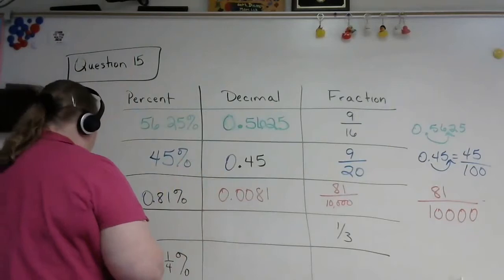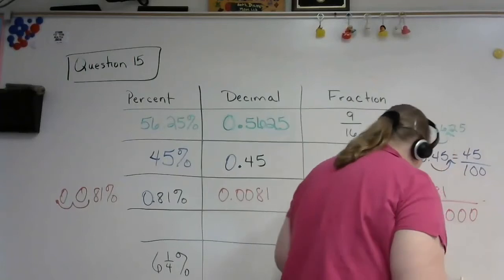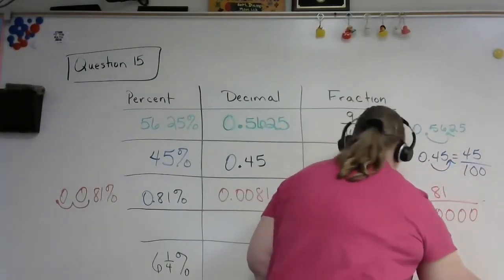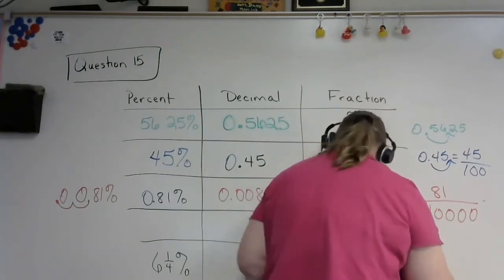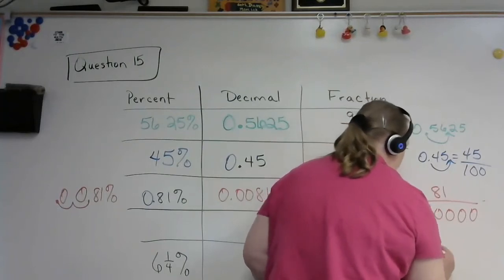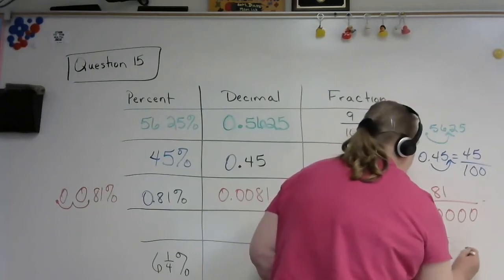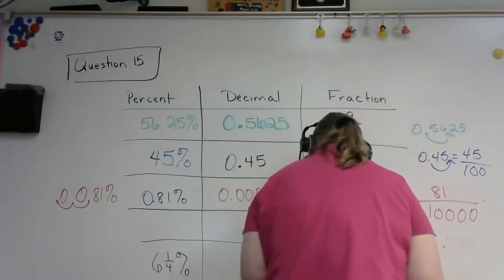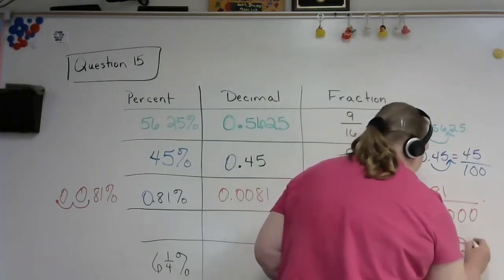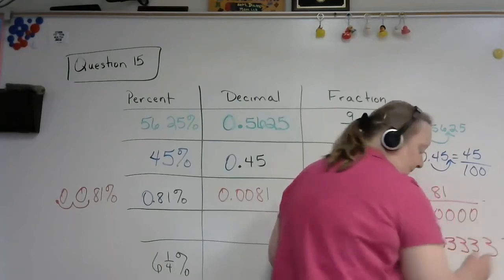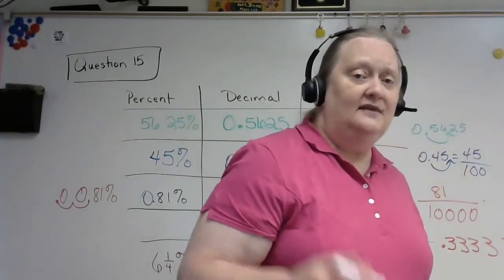So if we have repeating 3s, what are we going to do? 1 divided by 3 is going to give us 0.33333.